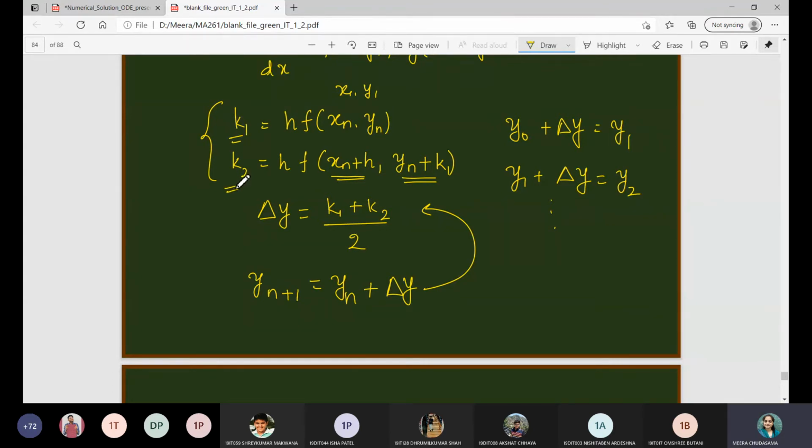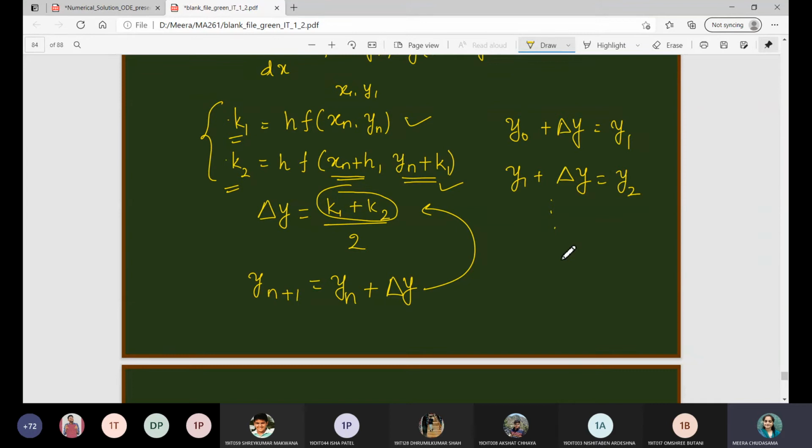Since here we have considered two methods in the formula, this k1 is from Euler's method, and in the modified Euler's method, this is what was taken. So therefore we can say this is the Runge-Kutta method of second order. Second order means there are two quantities we need to compute for the increment. So that's why it is called second order.